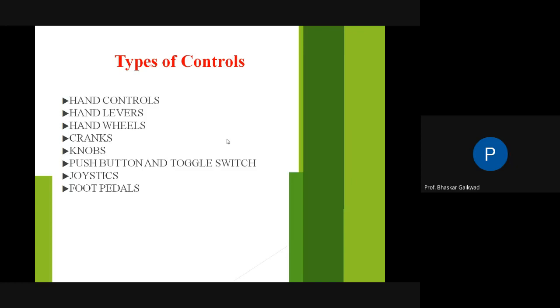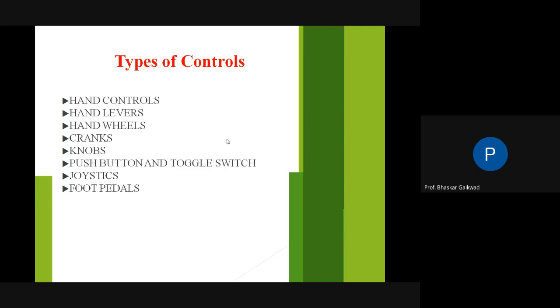Hand wheels: in our four-wheeler, a hand wheel is there to turn here and there. Cranks are there in a mechanical power press, showing how many strokes take place. Knobs are there; by rotating them on pressure meters, we can adjust. Push types of buttons are there, such as electrical switches, voltmeters, ammeters.